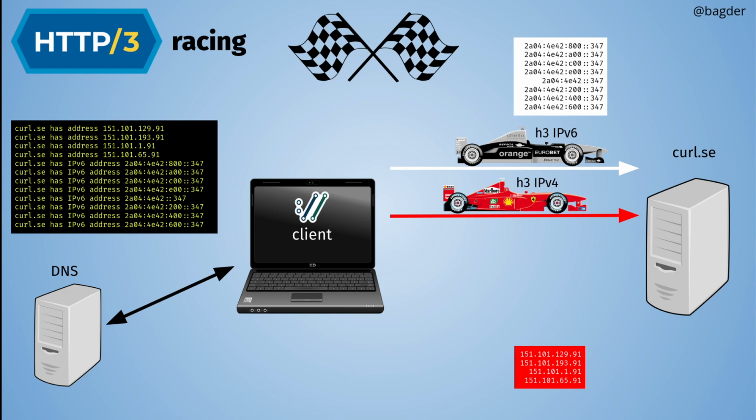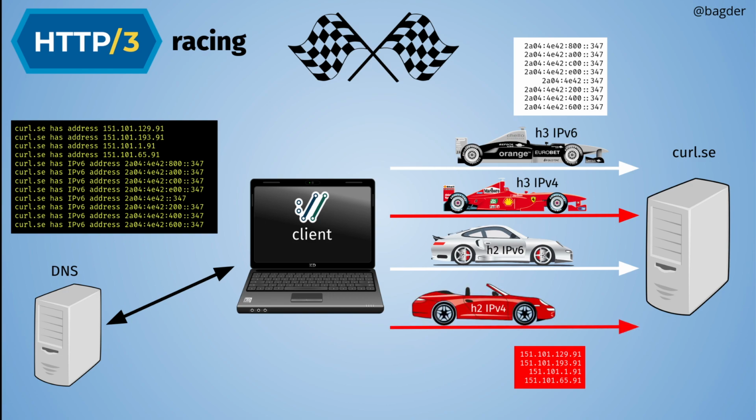Slightly after, delayed a little bit more, we set up the HTTP2 IPv6 attempt, and then slightly after that we set up the HTTP2 IPv4 attempt. The IPv4 attempts use IPv4 addresses, and the IPv6 attempts use IPv6 addresses. The first one that wins, wins, and all the ones that didn't win get discarded and thrown away.